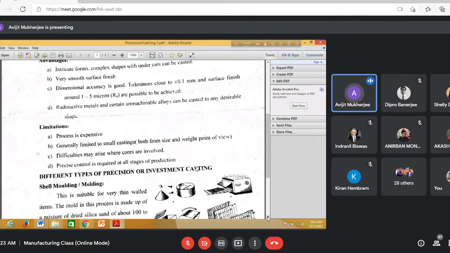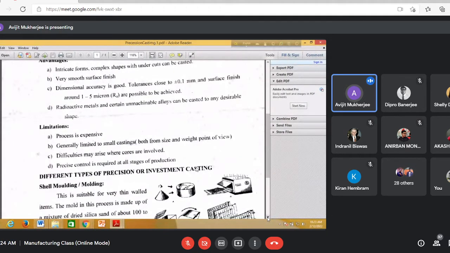Now, what is core? Again, that will be discussed in detail, but for the time being, we know that core is provided where the flow of molten metal is not desired. Okay, and how the cores are inserted using core prints on the pattern. When I am preparing the mold cavity using a pattern, on the pattern there are core prints that I had mentioned.